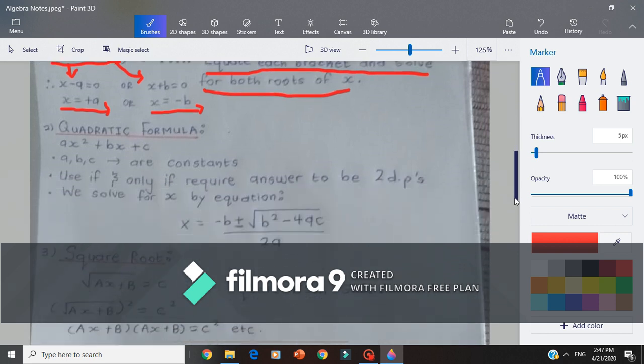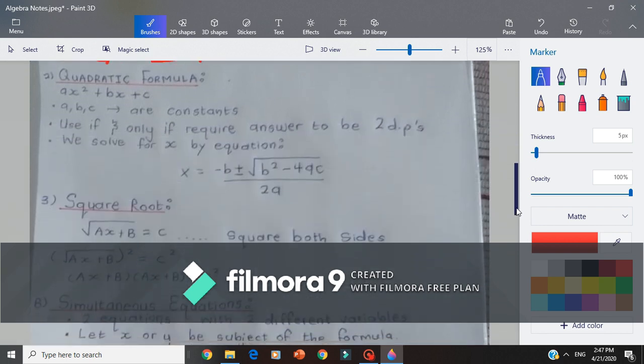Okay, moving on. The next question you might see in your exam is a question that involves you using the quadratic formula. The quadratic formula has to have the form of ax squared plus bx plus c. Note that a, b, and c are constants.